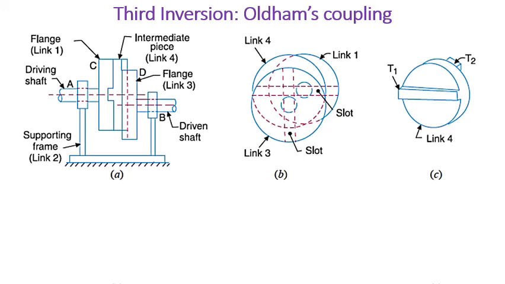So in the figure we can see, figure A shows the entire assembly of an Oldham's coupling, and figure B shows only these flanges and intermediate piece, whereas figure C represents the intermediate piece, which has tongues perpendicular to each other on the opposite faces.